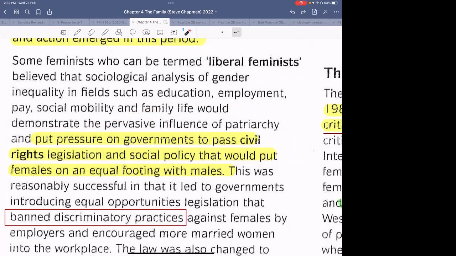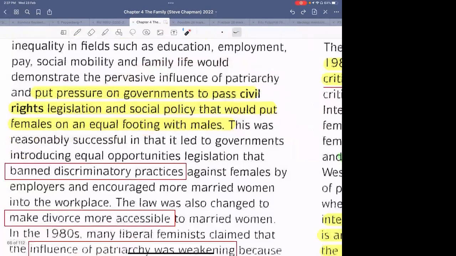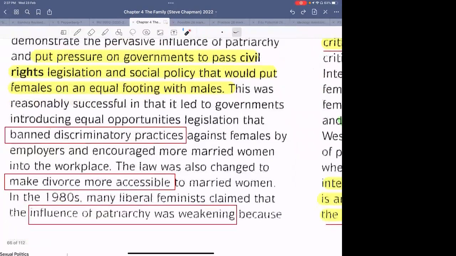This was reasonably successful in that it led to the governments introducing equal opportunities legislation that banned discriminatory practices against females by employers and encouraged more married women into the workplace. The law was also changed to make divorce more accessible to married women.